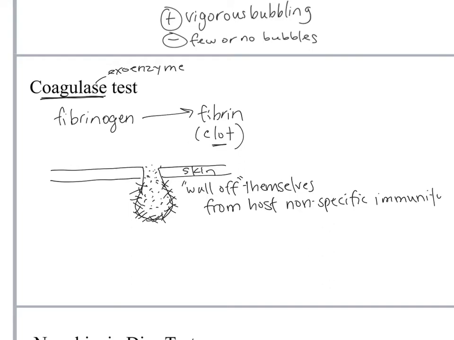So things like white blood cells, like neutrophils or macrophages, that would come and engulf those bacteria, those white blood cells now can't get to this site of infection because the bacteria have secreted coagulase and kind of walled themselves off. Okay, so organisms that produce coagulase are more likely to establish an infection.